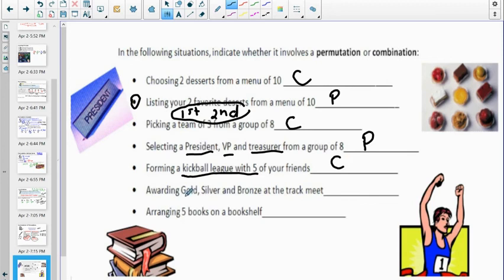Okay, in this next one here, awarding gold, silver, and bronze, you're awarding different awards, so they're going to be different rankings. Order matters, permutation. If you're arranging 5 books on a bookshelf, like first, second, third, that would be permutation because how you arrange those books on that bookshelf does matter.